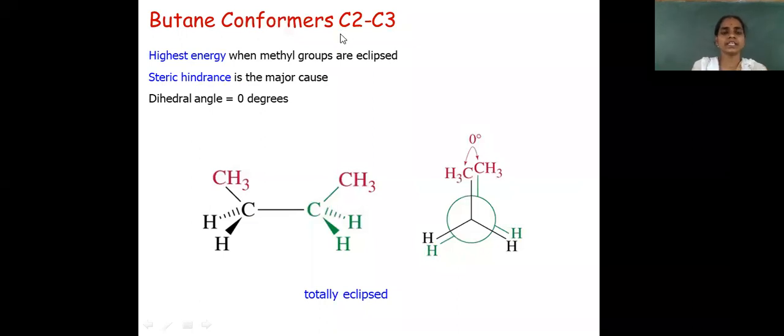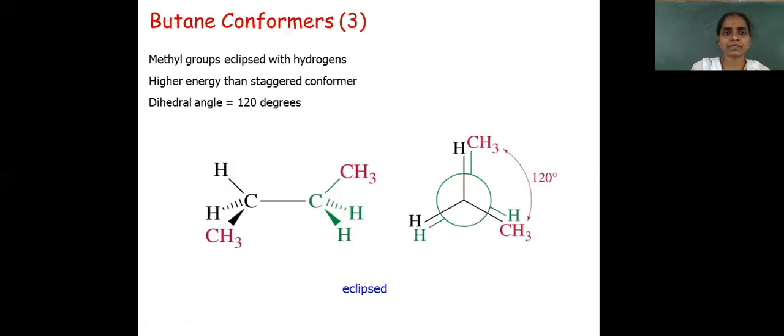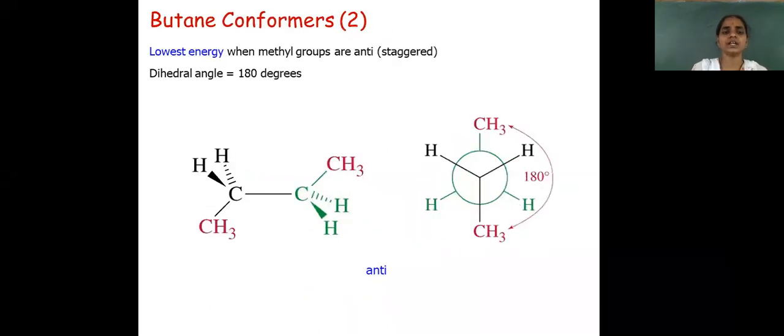Now we will see the next, which is conformation analysis. Conformation is mainly applicable to n-butane. So, conformation and conformation analysis of n-butane: this is the n-butane structure.